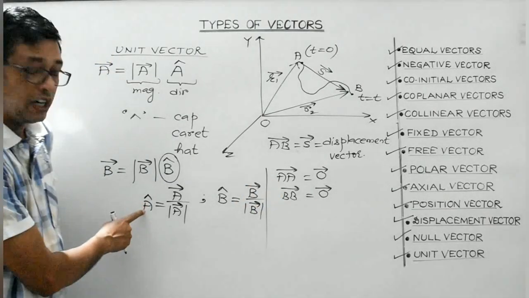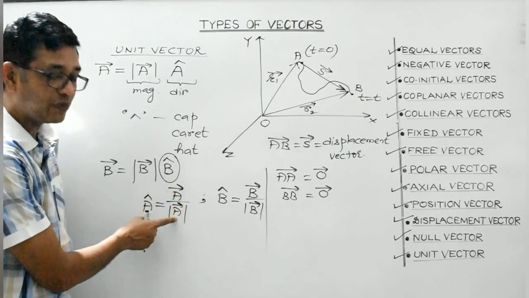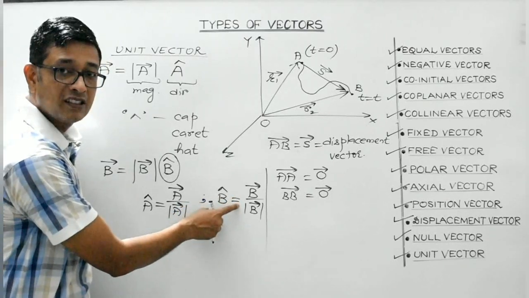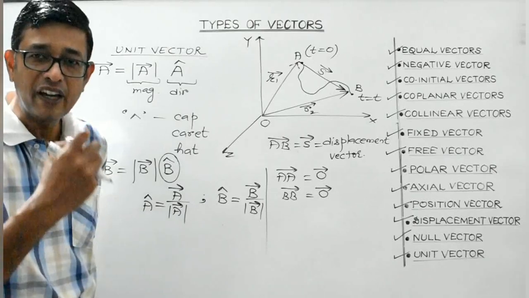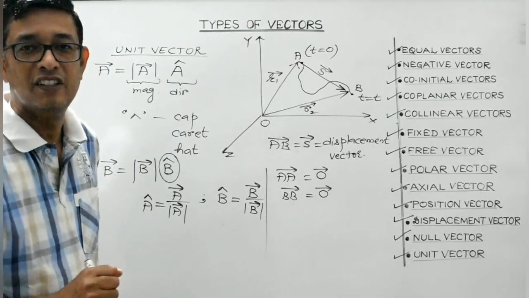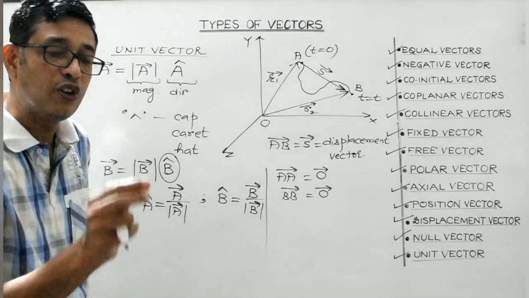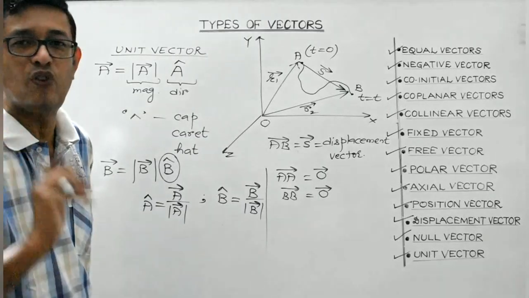So, unit vector may also be defined as the vector divided by its magnitude. Any vector when divided by its magnitude will give us a unit vector. A unit vector only represents the direction of the given vector. Clear, students? Its magnitude is always 1.